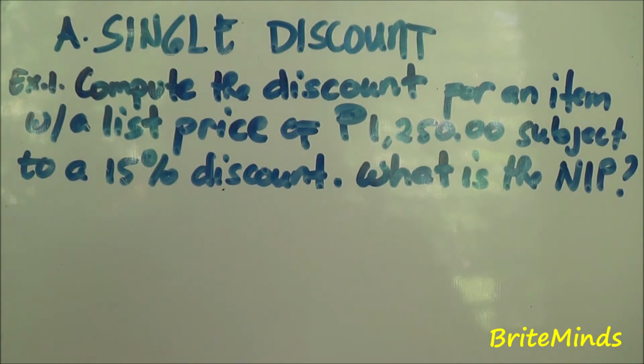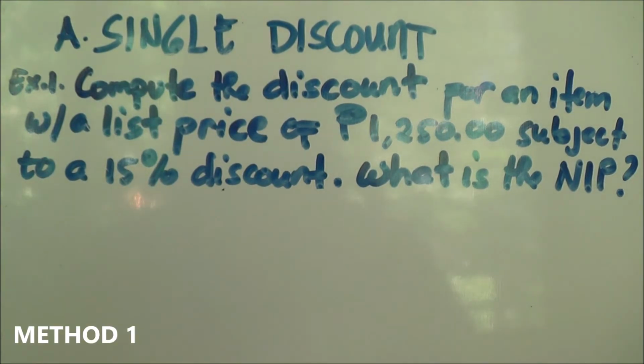What is the net invoice price? There are two methods that we can use in finding the single discount. We're going to use the first method.